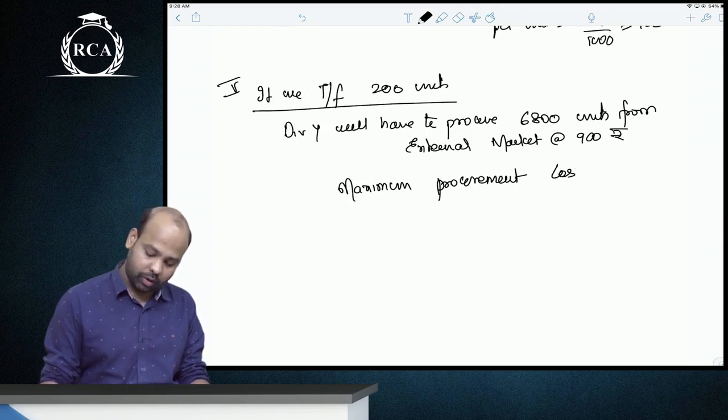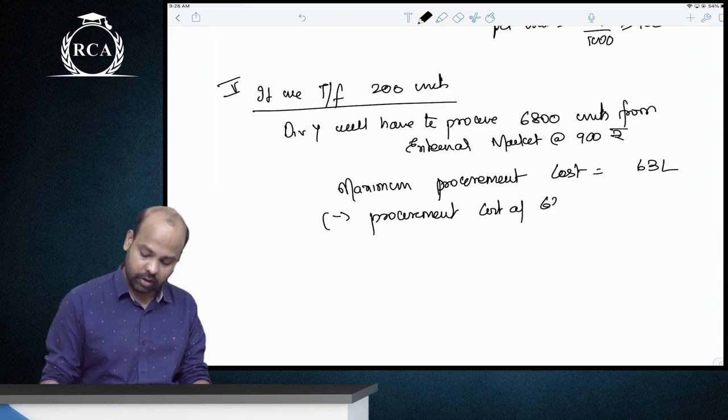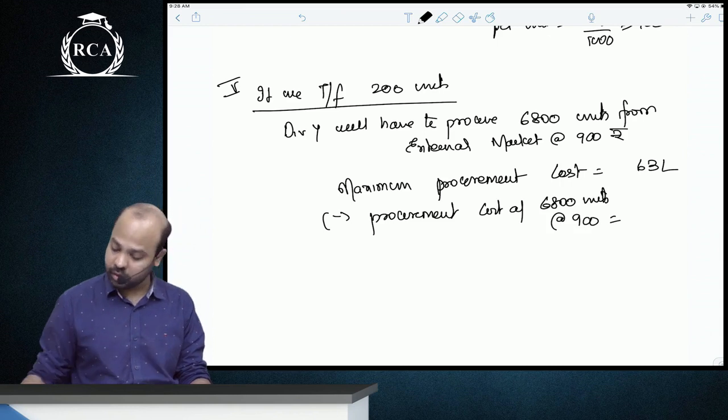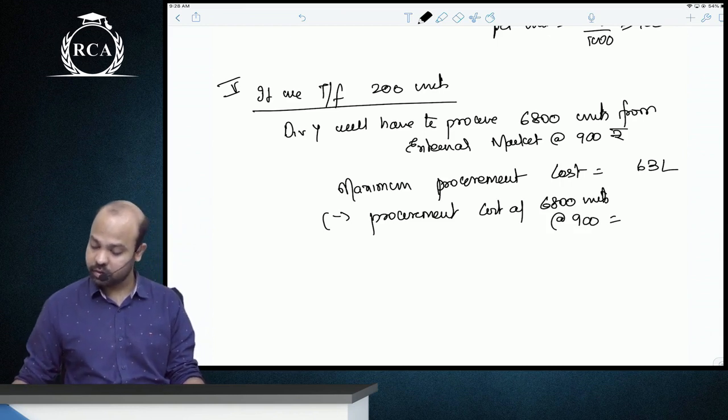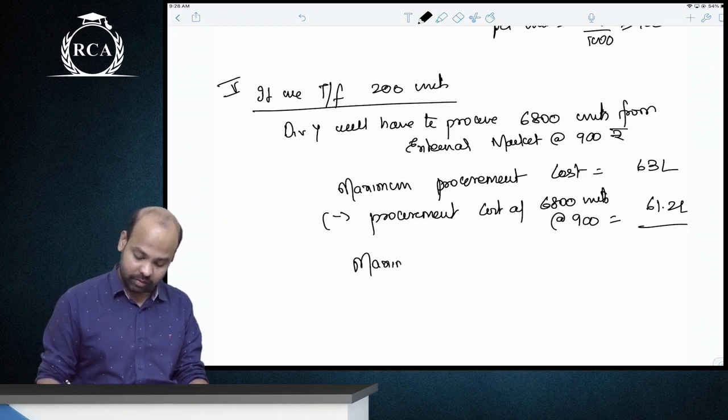Their procurement cost of 6,800 units at 900 rupees, beta, is 61 lakhs 20,000.